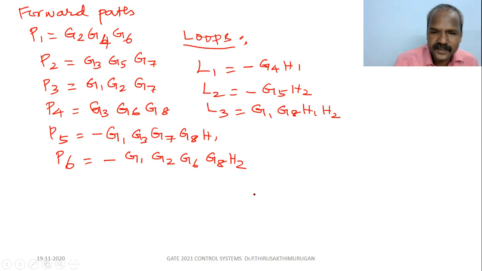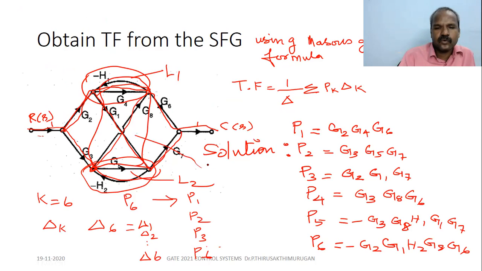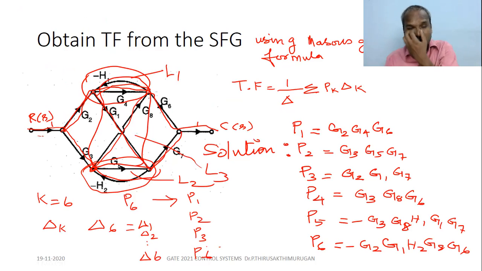Next we have to find, we found 3 individual loops. This is loop 1, this is loop 2, this is loop 3. So next we have to find how many non-touching loops.